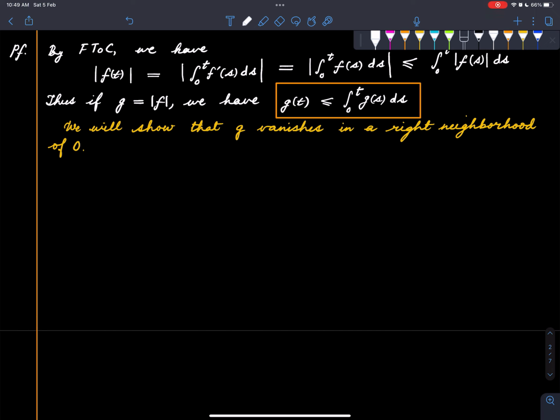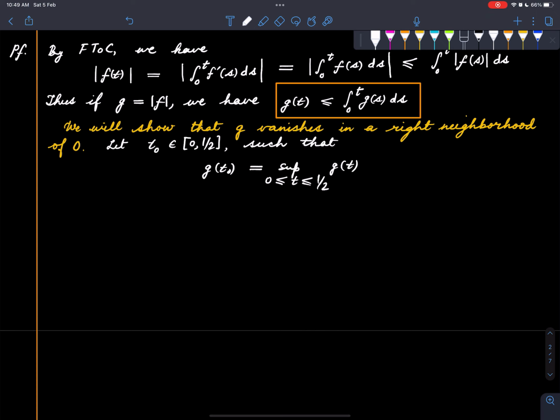So let t naught be some point in the closed interval 0 to half, such that the supremum of g in this region is achieved at t naught.